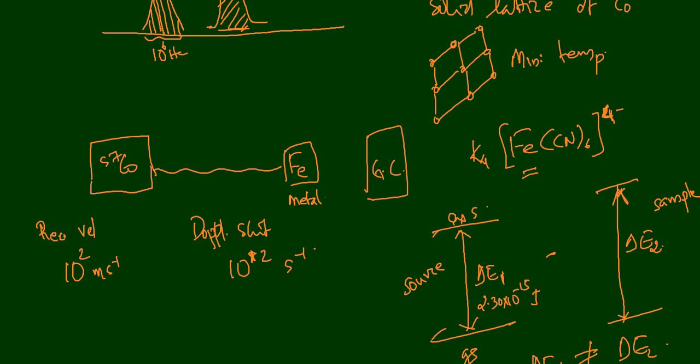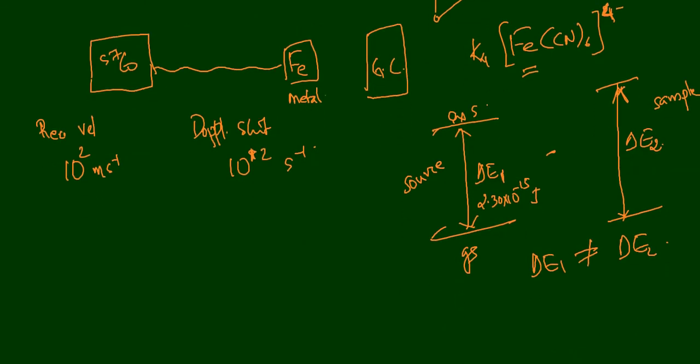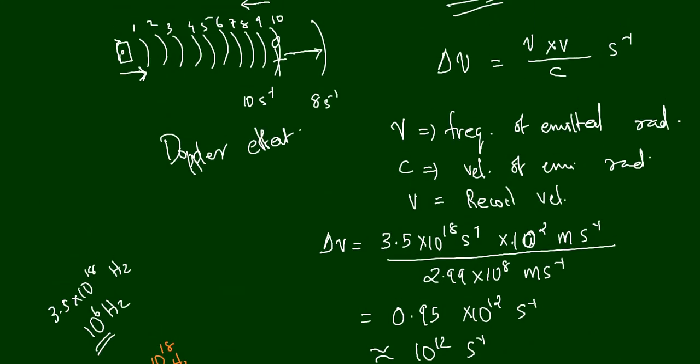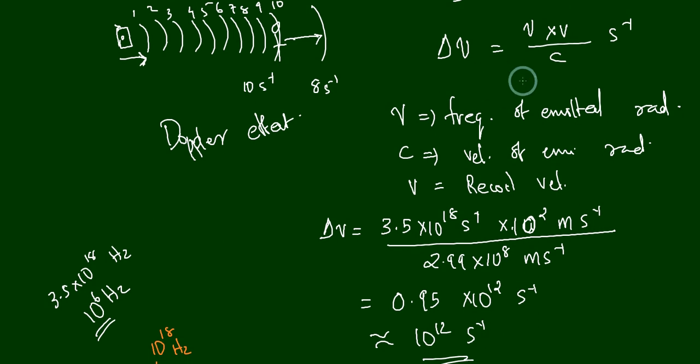What if we apply the same calculation as we did here? That calculation is delta nu equals nu into V divided by C. That is the calculation for the Doppler shift.